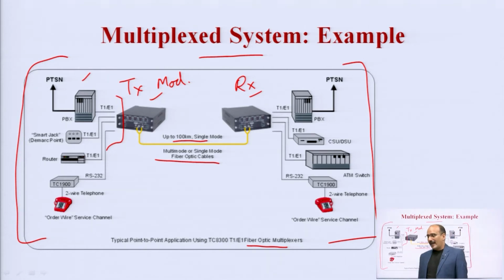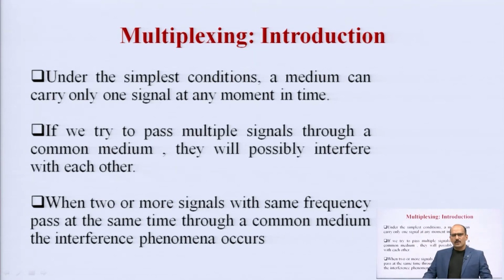It means that at the same time, for the transmission of telemetry signals, we are using modulation with multiplexing. So, this is the basic multiplex system example. Now, we are going to understand both things one by one.